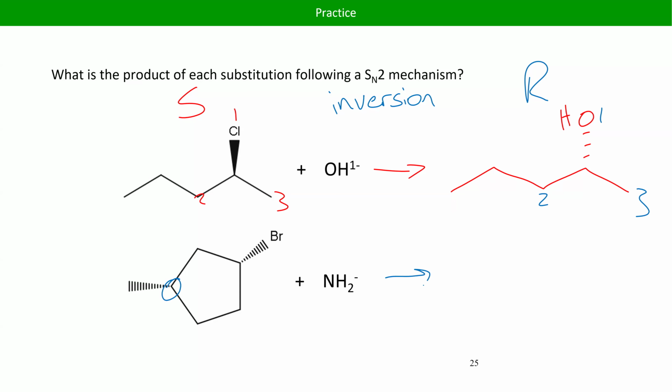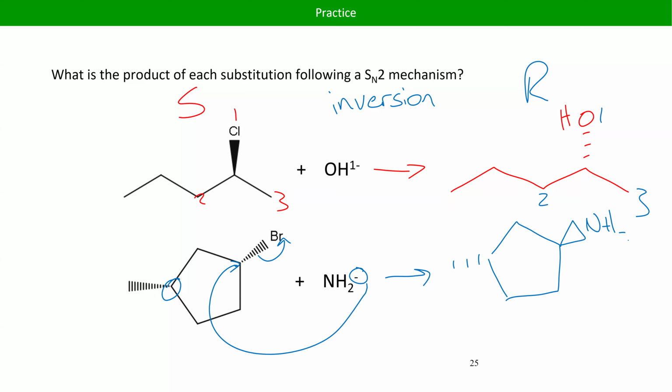So it goes from cis to trans, exactly. That one stays the way it is. Our nitrogen is going to come in and attack from the opposite side. So now our nitrogen is sticking up.